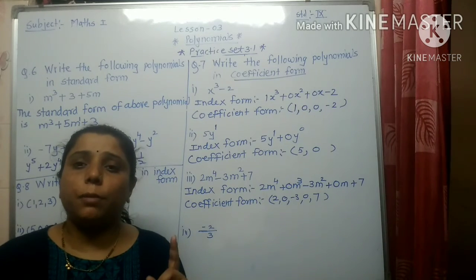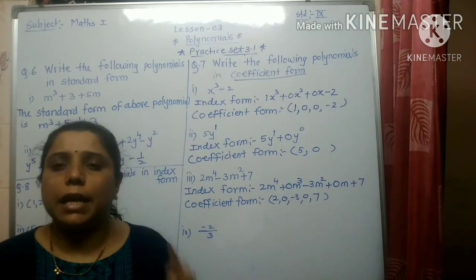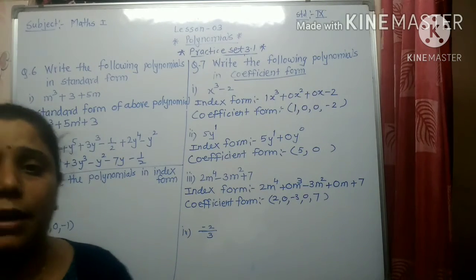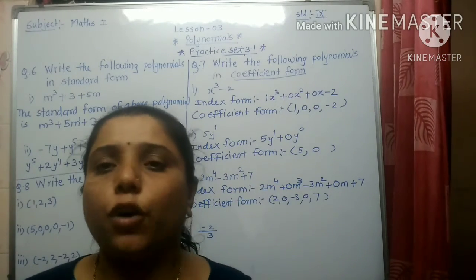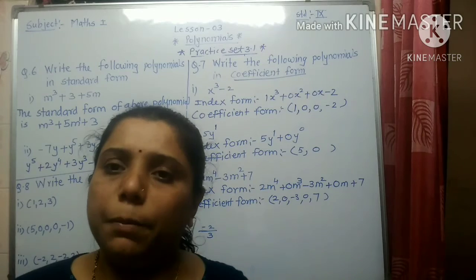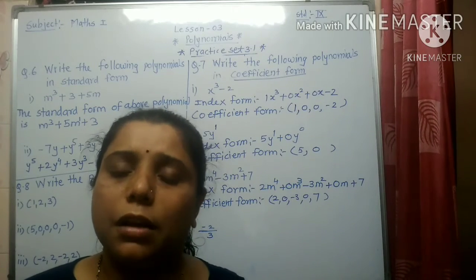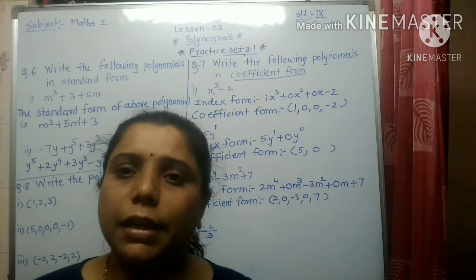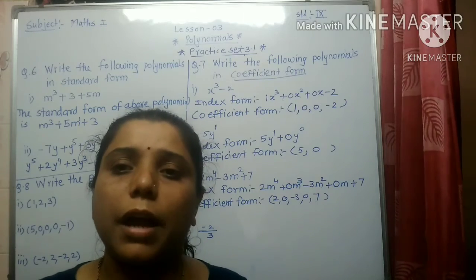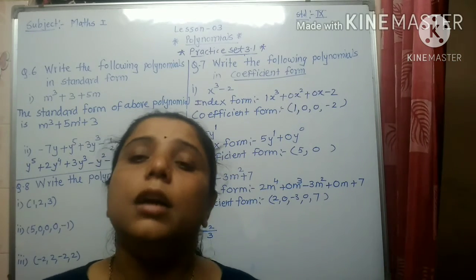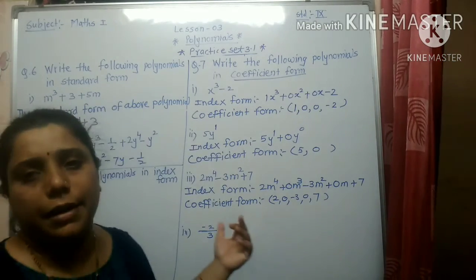Understood? The index form is important when there are some missing terms. If the given polynomial already has all the terms present, then don't write the given polynomial in the index form.